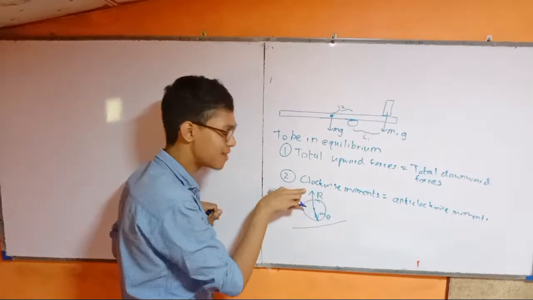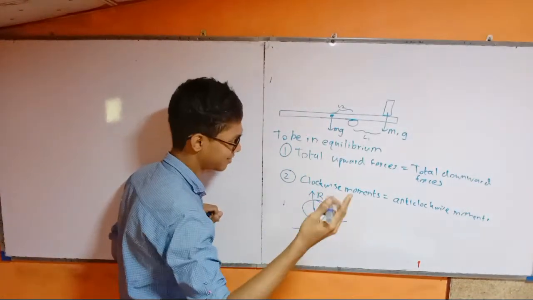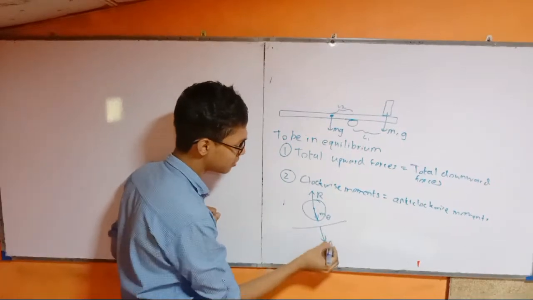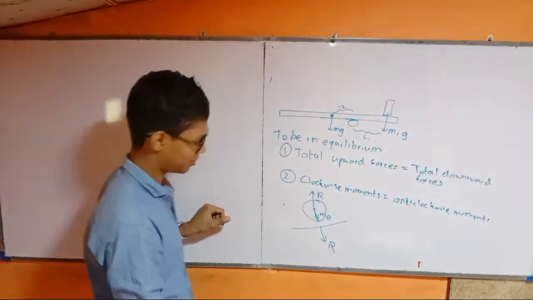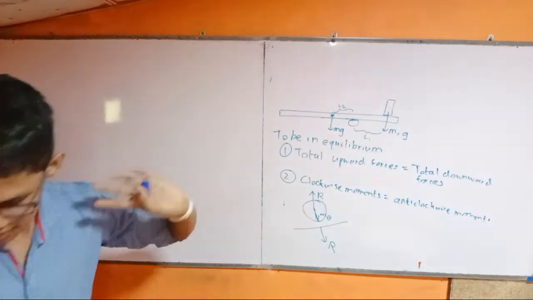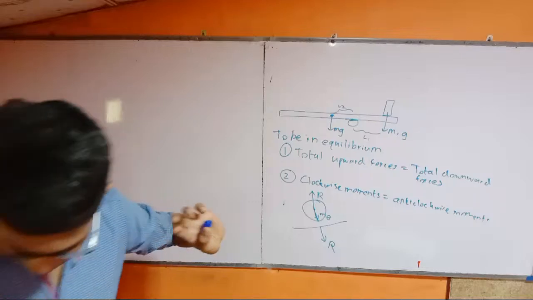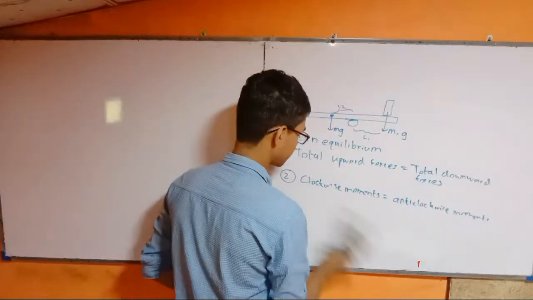Every action has an equal and opposite reaction. So to the ground, right? Then upward R is equal to mg, that is why it's at rest.